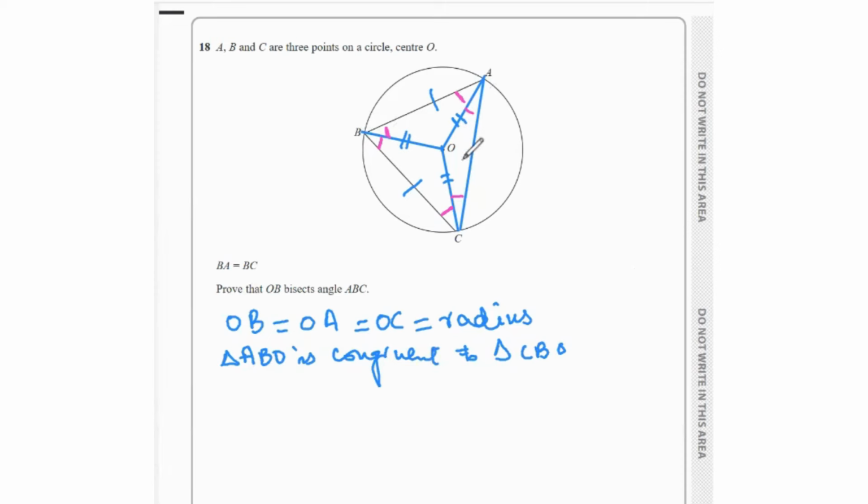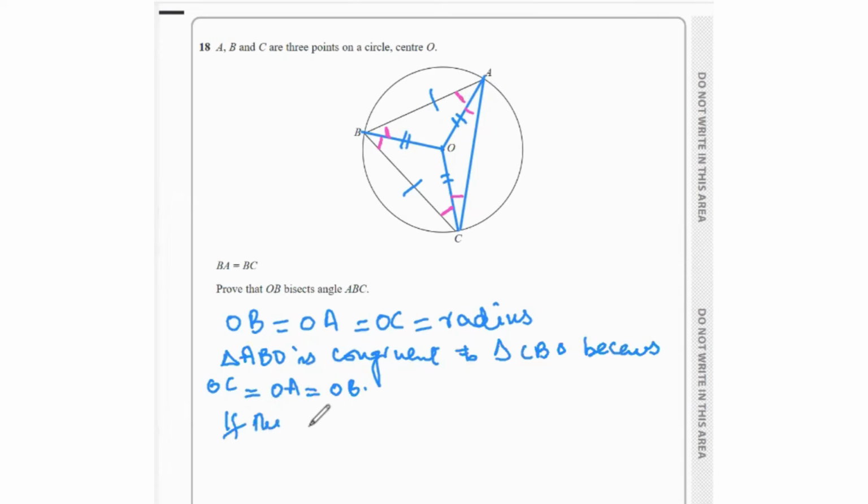ABO, CBO. Yep, they're congruent. Because OC is the same as OA, which is the same as OB, like we said before. Then, if the lengths are equal, like I said, the angles would also be equal.